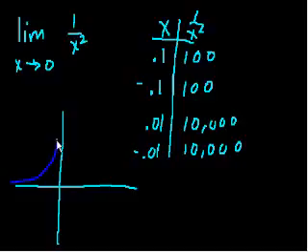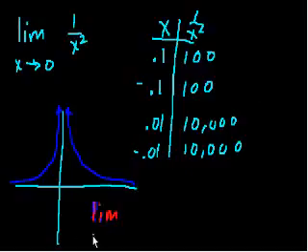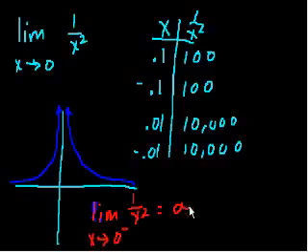Hope you can see this dark blue. So from the negative side, it approaches infinity. You can see that as we get closer and closer to 0 from the negative side, it approaches infinity. And as we go from the positive side, these are actually symmetric, although I didn't draw it that symmetric, it also approaches infinity. So this is a case in which the limit as x approaches 0 from the negative side of 1 over x squared is equal to infinity.